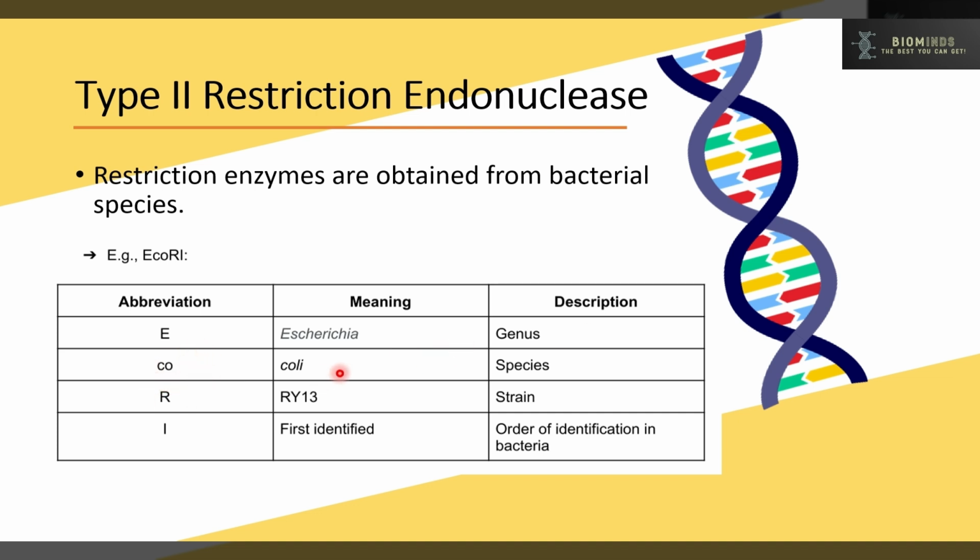CO stands for coli, which is the species. R stands for RY13, which is the strain. And I stands for first, the order of identification in bacteria. So the starting letters are for the bacteria. EcoR1 means it is discovered in E. coli, and R is the strain of the bacteria. So this is how the nomenclature is done.